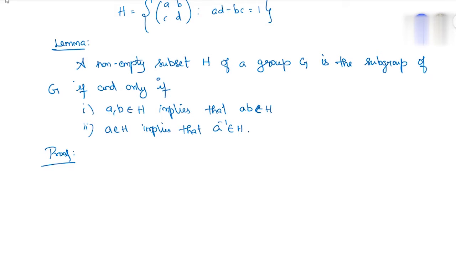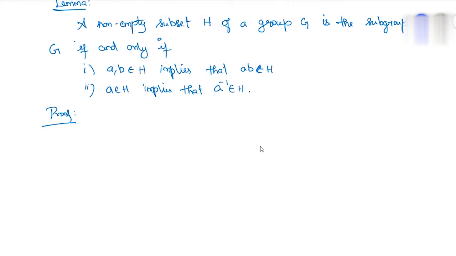Let us prove how it is going to be satisfied. Since it is an if and only if condition, we have to prove the lemma in both directions. First we will assume, let G be a group.